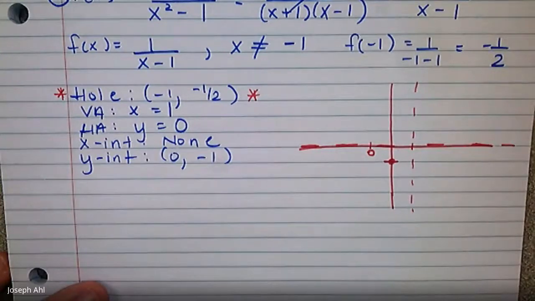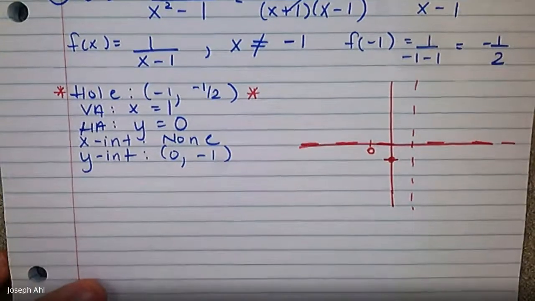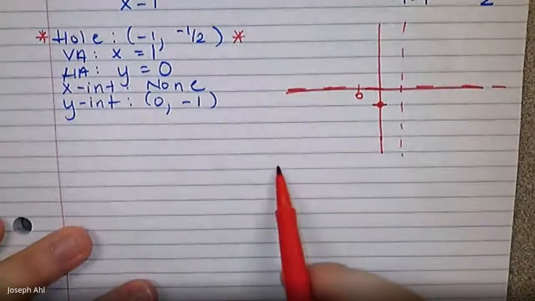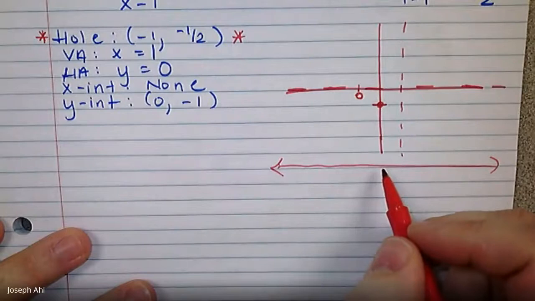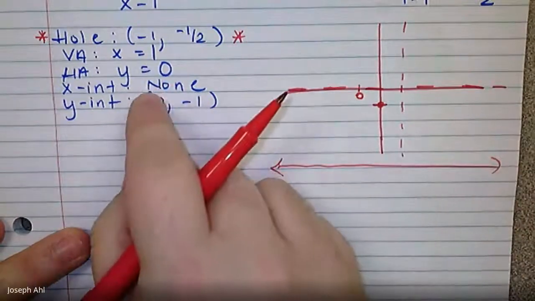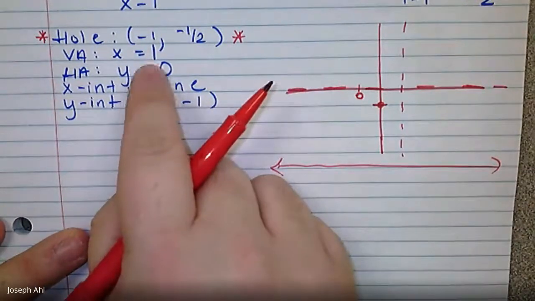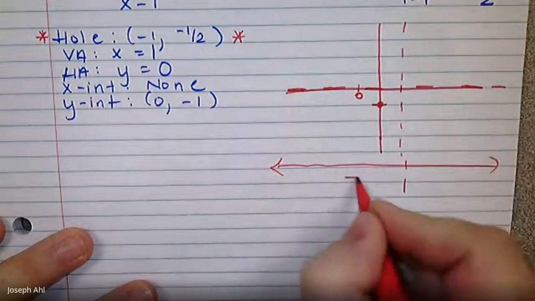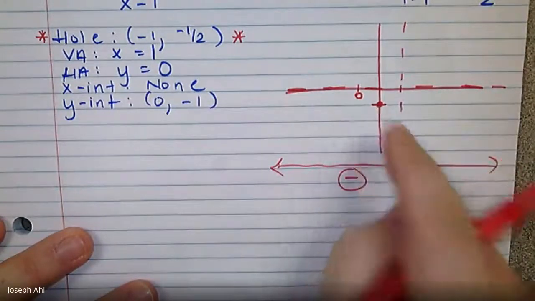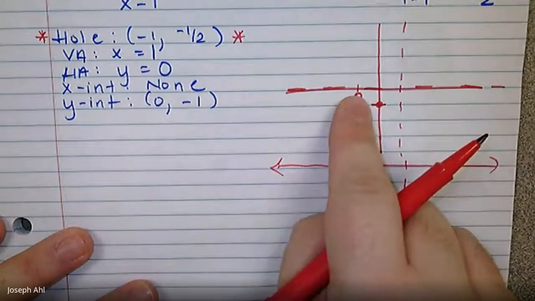Okay. So it kind of gives you another point to work with in terms of making your sketch. But remember that when you sketch the graph, you should really partition around any special x values, which there's no x-intercept to work with here, but we do have the vertical asymptote at 1. So if you test 0, we already know we're going to get negative because the y-intercept is negative. And oh, by the way, the y value of the hole is negative.